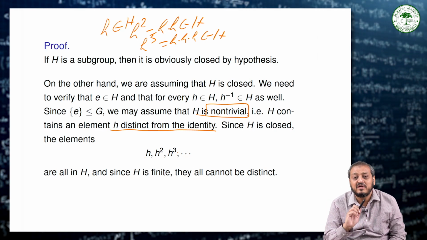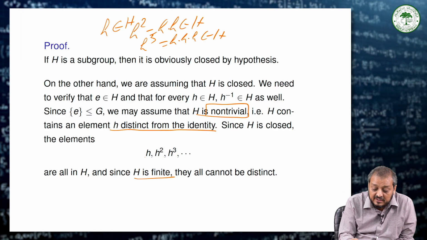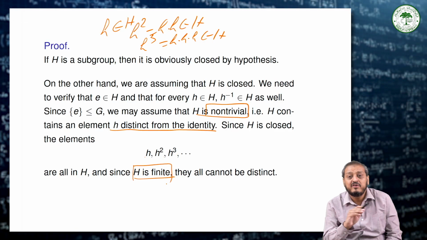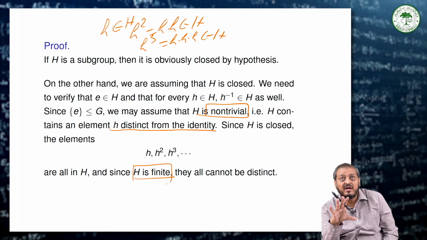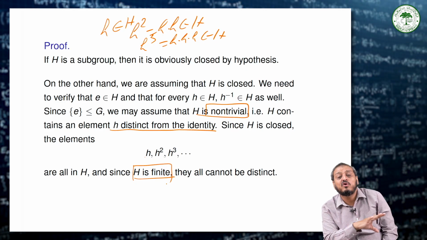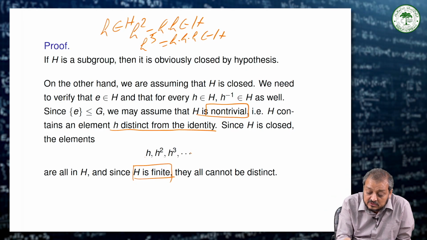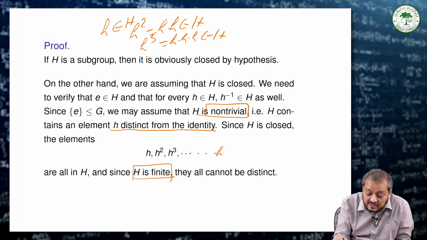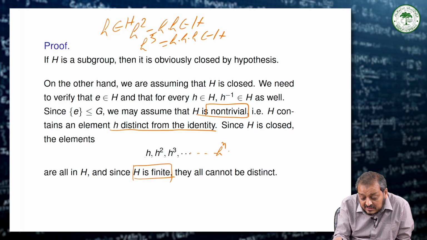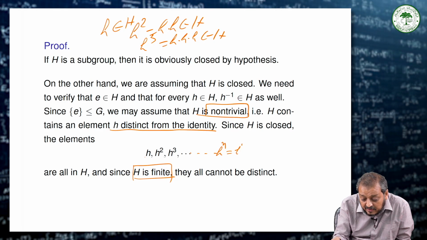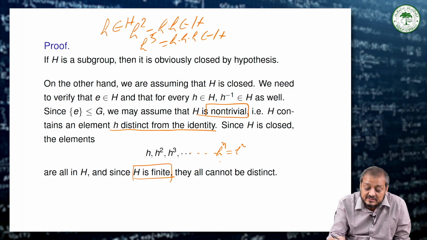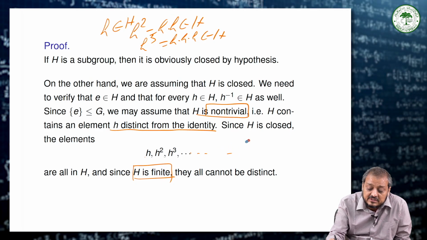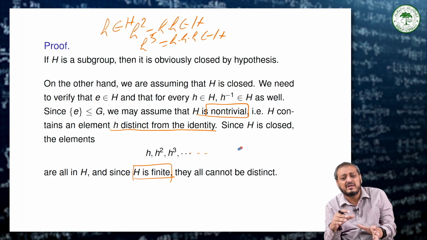Now we have a given condition that H is finite. Since H is finite, these powers cannot all be distinct. After a certain stage, x to the power n repeats. So they are not all distinct; at some point they are the same.